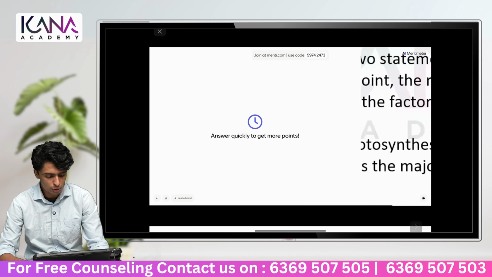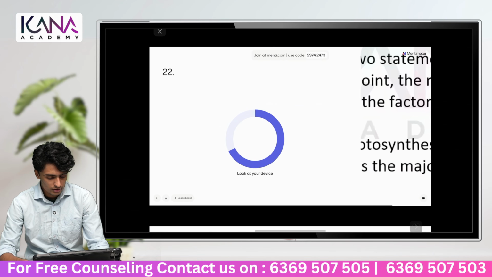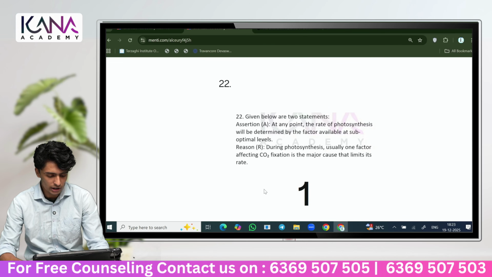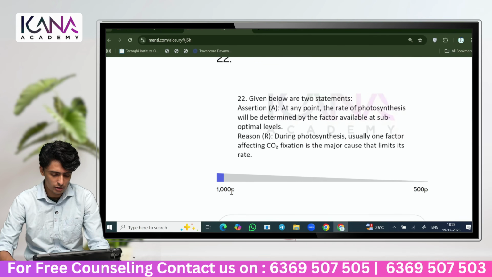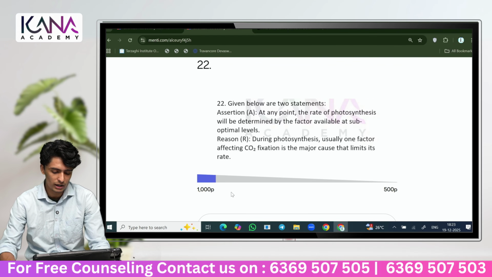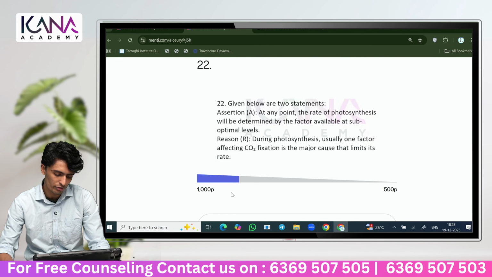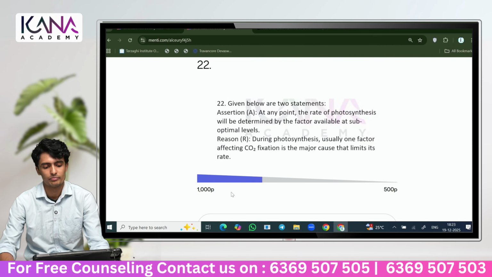Okay, question number 22. Assertion and reason. Assertion: at any point, the rate of photosynthesis will be determined by the factor available at suboptimal levels. Reason: during photosynthesis, usually one factor affecting CO2 fixation is the major cause that limits its rate.